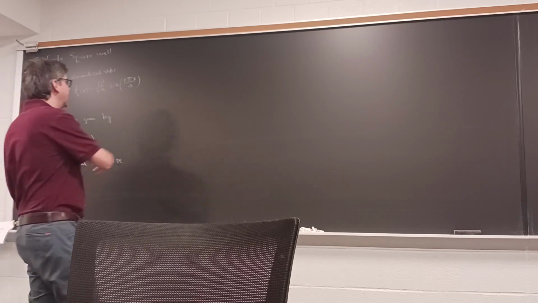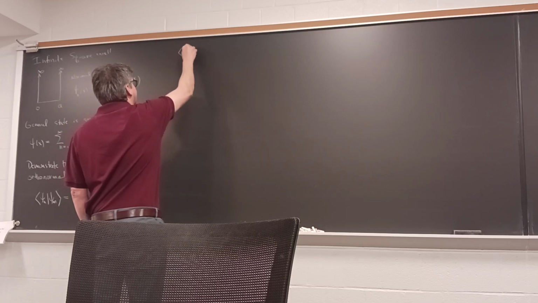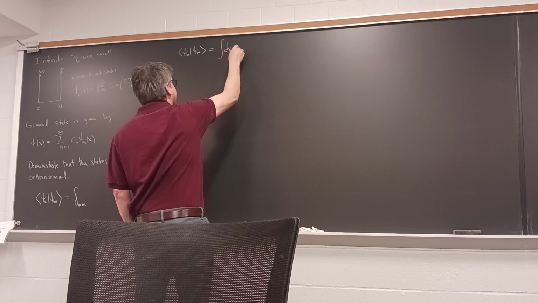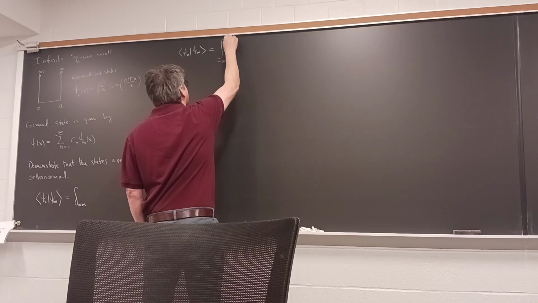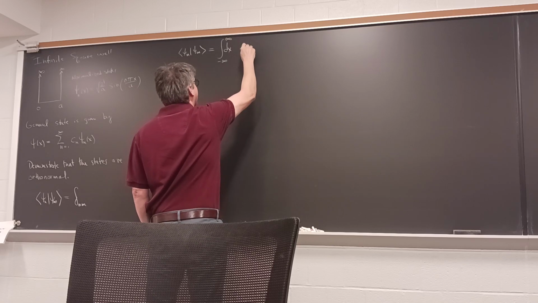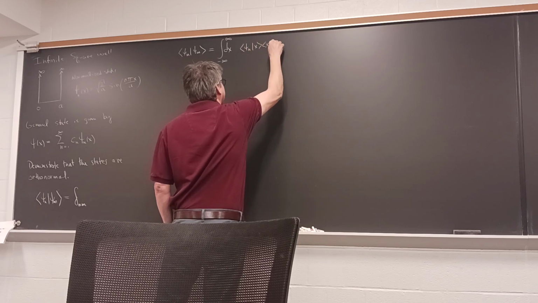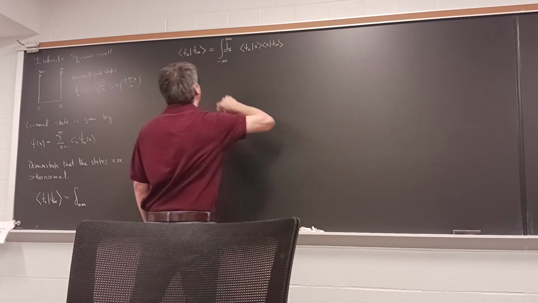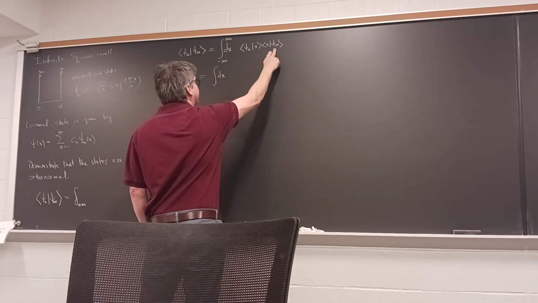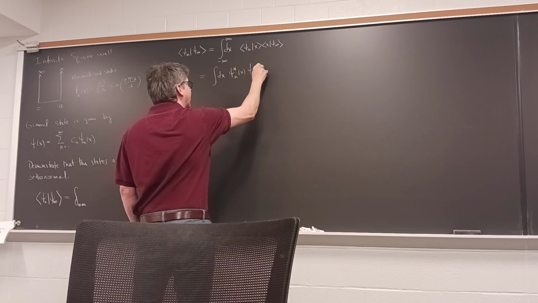We can do that by writing this in terms of an integral. So the inner product of psi n and psi m is equal to the integral over dx, using our notation for the completeness relationship, of psi n star of x, psi m of x.